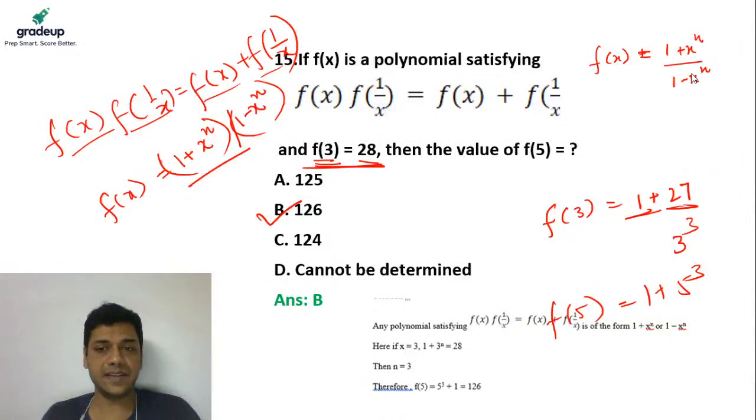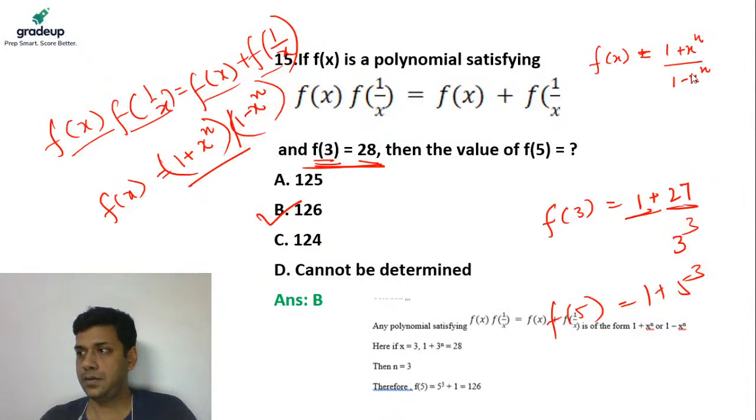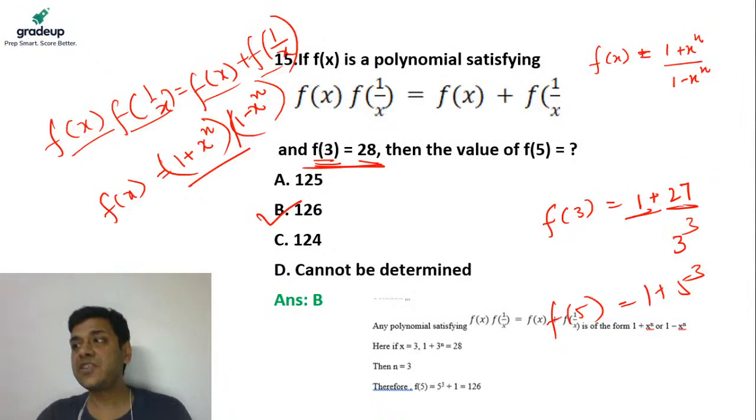Neeraj, does it make sense? So I have to convert into 1 plus something because I'm looking for that x raised to power n. That's why I said 1 plus something. Okay, move to the next one.